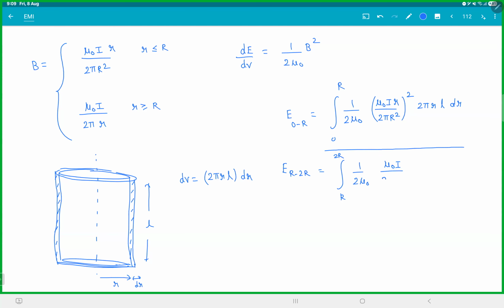It becomes mu naught I by 2 pi small r, whole square, into 2 pi r L dr.